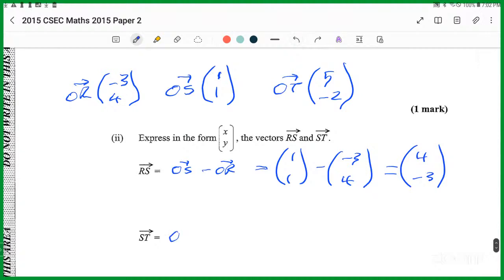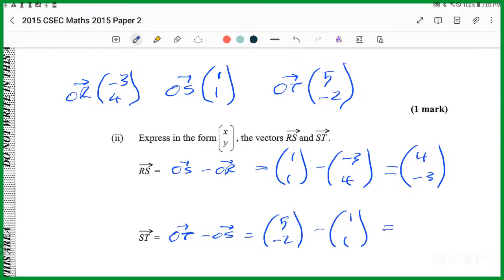Now ST. Same thing again. It's OT minus OS, O times the last minus O times the first. OT is this one, (5, -2), minus OS, which is this one, (1, 1).